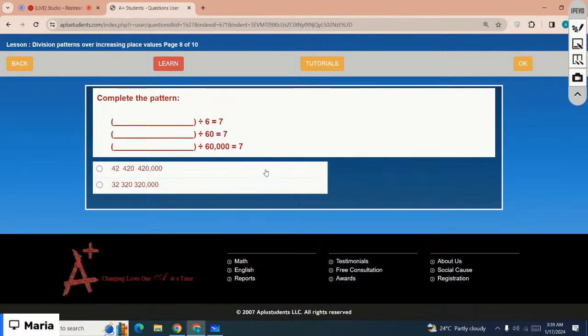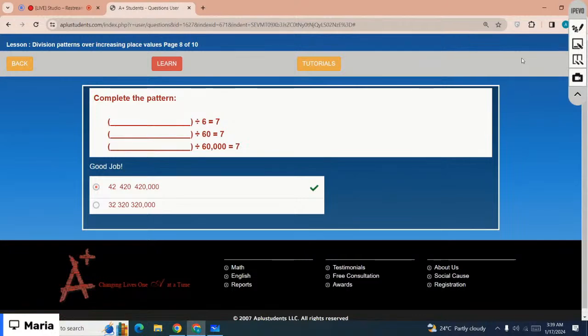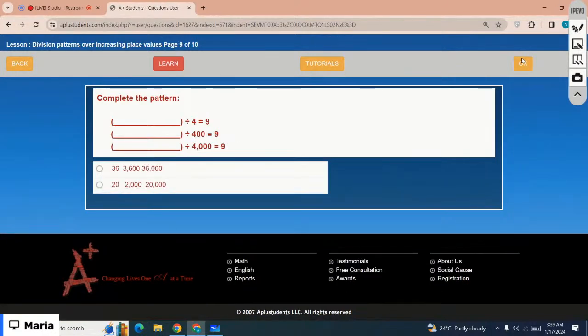That is option number 1 is the correct one. Very good. Okay, the next one is missing number divided by 4 equals 9. What number divided by 4 equals 9? Which is the correct option? Yes, that is 36, it is not 39. Yes, 4 times 9 is 36. So option 1 is the correct option.